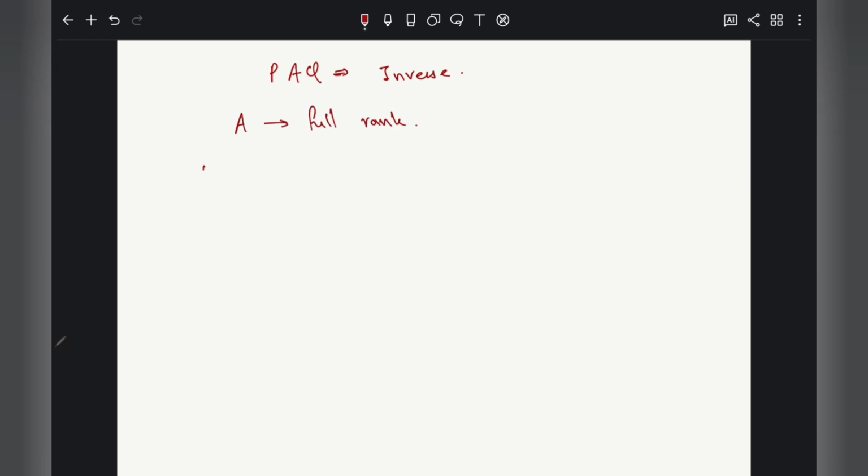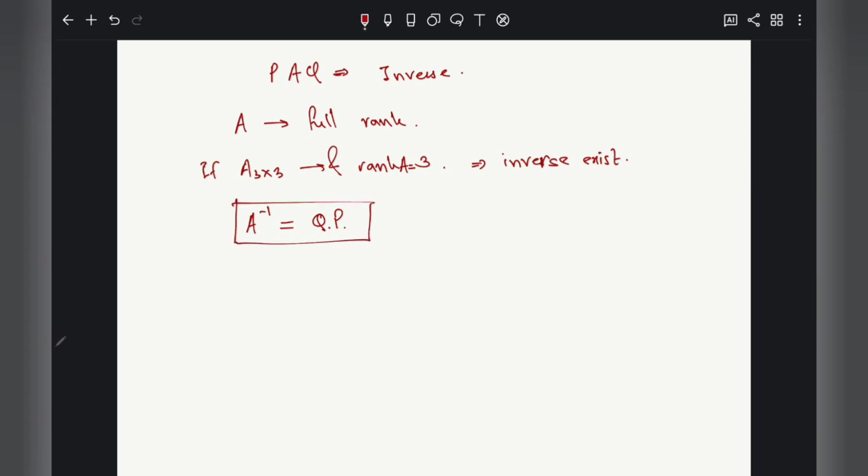Like if A is 3 cross 3, then rank should be 3, and rank A is 3 implies the inverse exists. And what is the inverse? A inverse can be given as Q into P. So you need to multiply your Q and P in the reverse order, Q into P, and you will get A inverse.